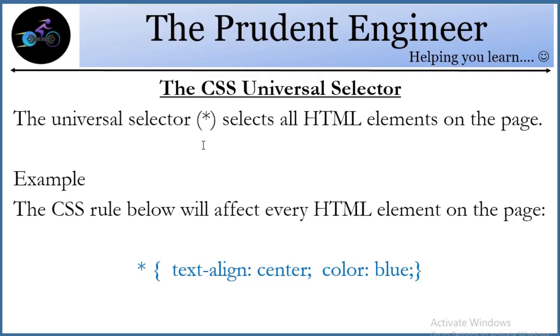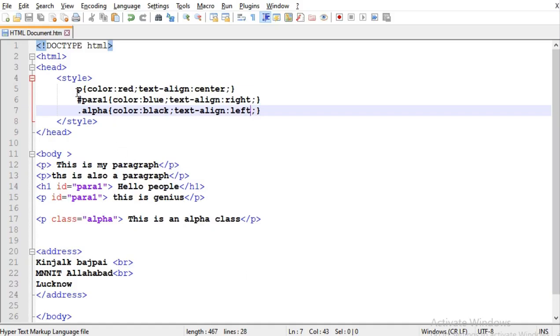Now there is a thing called the CSS Universal Selector. The Universal Selector selects all the HTML elements on the page. Okay, so suppose you wrote an asterisk mark and then text align center, color to be blue. So whatever I give, suppose I'll write here, I'll delete this thing.